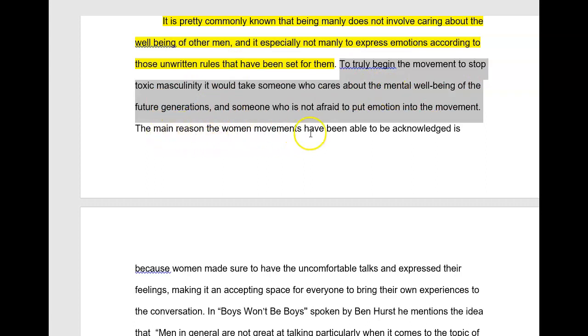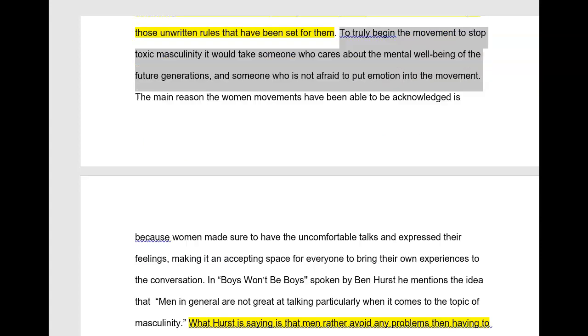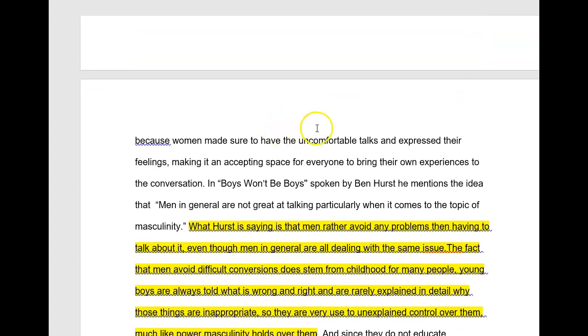The main reason the women's movements have been able to be acknowledged is because women made sure to have the uncomfortable talks and express their feelings, making it an accepting space for everyone to bring their own experiences to the conversation. In Boys Won't Be Boys by Ben Hurst, he mentions the idea that men in general are not great at talking, particularly when it comes to the topic of masculinity.